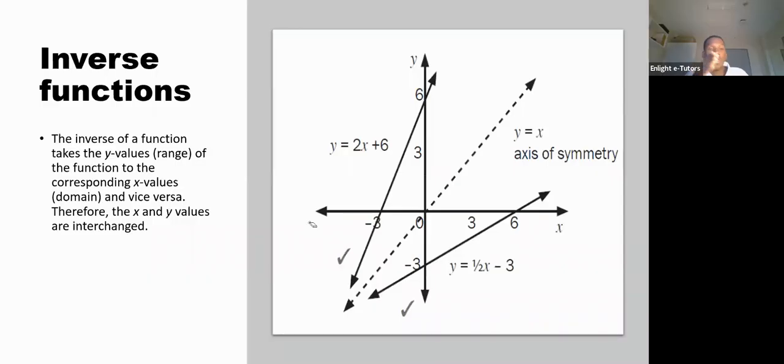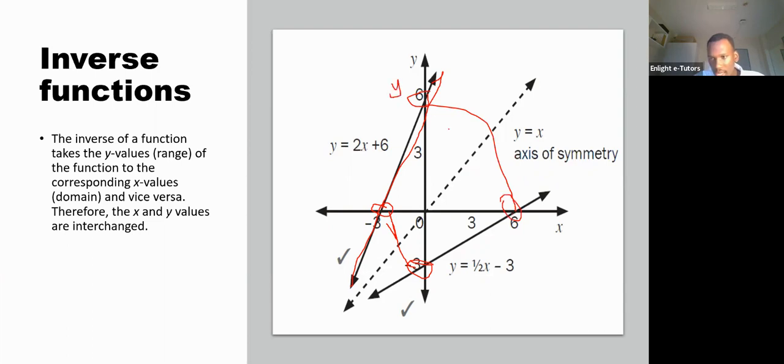And then there is this one called the inverse function. The inverse function, it's where you take, maybe you're given this line, this graph, and you wanna find an inverse of this one. You take your y values and convert them to x values, and you take your x values and convert them to y values.